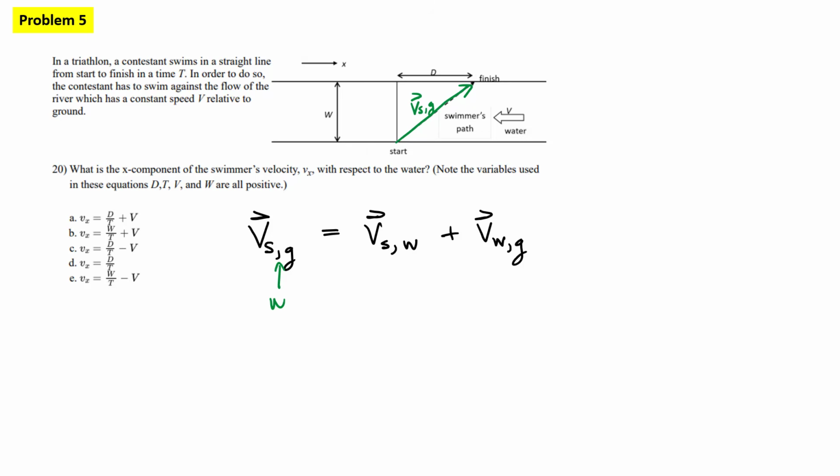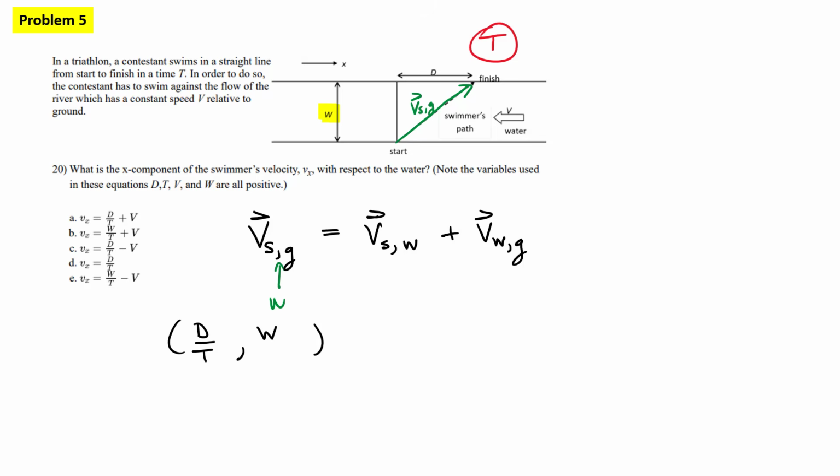All right, now if you think about the left-hand side, we know everything about this because we know that it takes a time t in order to swim across. And if you're drifting downstream a distance d, it means that the x component of that vector here must be d divided by t. The vertical component has to be related to that width.